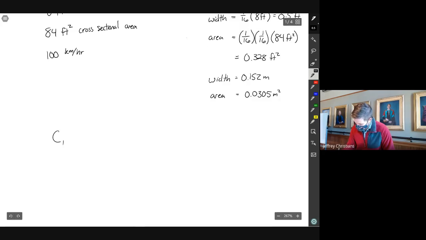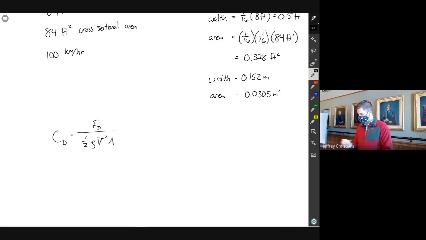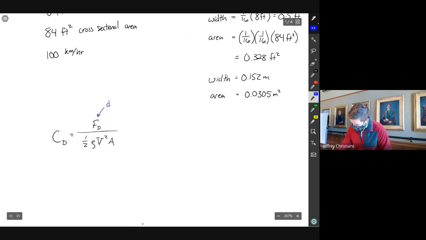So we have our drag coefficient, which is drag force over 1/2 rho v squared A. This drag force, we measured that. We have experimental data for the drag force.